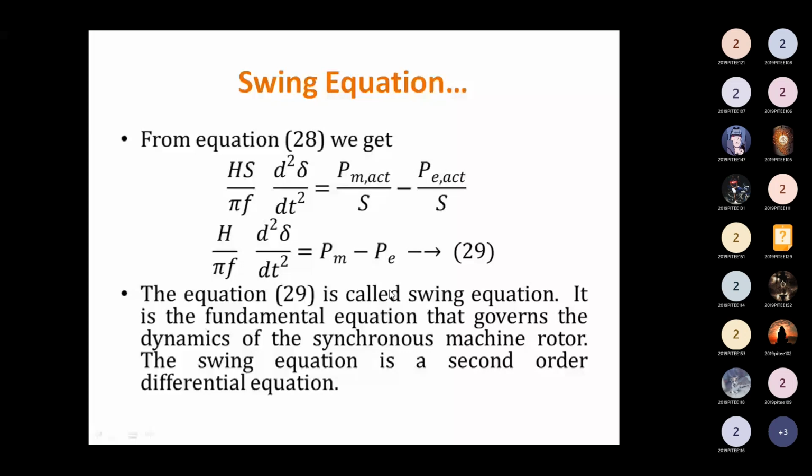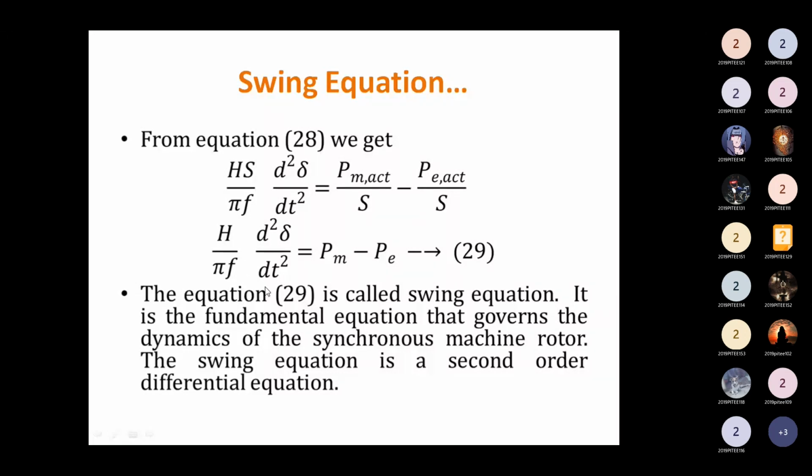It is a fundamental equation that governs the dynamics of the synchronous machine rotor. So you get the pattern of a second order differential equation. From your basic rotor dynamics, we obtain the swing equation. Based on the swing equation, we have applications for stability studies.